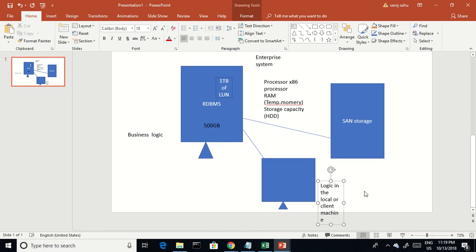I have the logic here, and I want to process the data which is there in the RDBMS system. My logic is in the client machine, or local machine, and my RDBMS system is there at the data center. It is in a remote location.